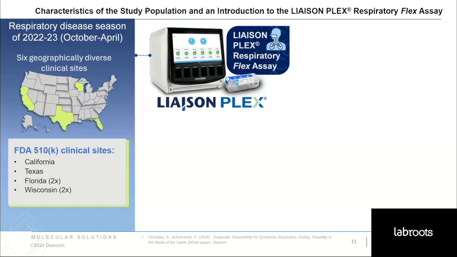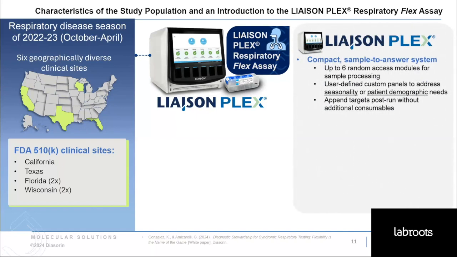Back in 2022 and 2023, between October and April, the study was carried out across 6 geographically diverse clinical sites in the US as part of the FDA 510(k) submissions for the Liaison Plex and the Liaison Plex Respiratory Flex assay.